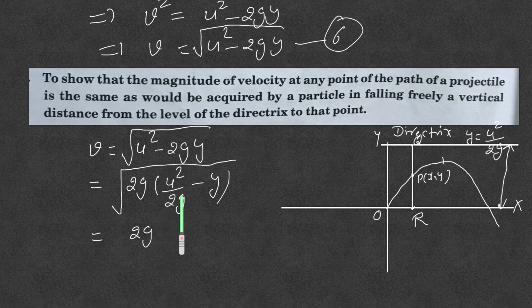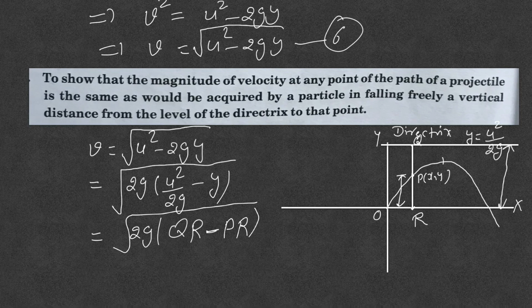So can I place it? Y is the ordinate, the height the directrix has. So this can be written as QR distance. So I'm going to write it here as QR minus y. Y is the ordinate, meaning the height of point P, and this height is PR. Closing the braces and taking the square root.